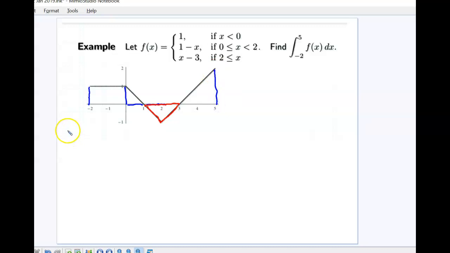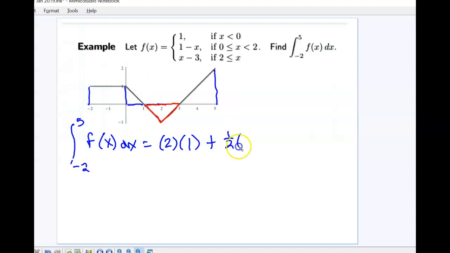So to figure out the integral from -2 to 5 of f of x dx, you're just going to calculate the area. So the area of the rectangle, my length is 1, my height or width is 2, so it's going to be 2 times 1, plus the area of this triangle is going to be 1/2, the base is 1, and the height is 1. Then I'm going to subtract, because it's negative, 1/2, the base is 2, and the height is 1.